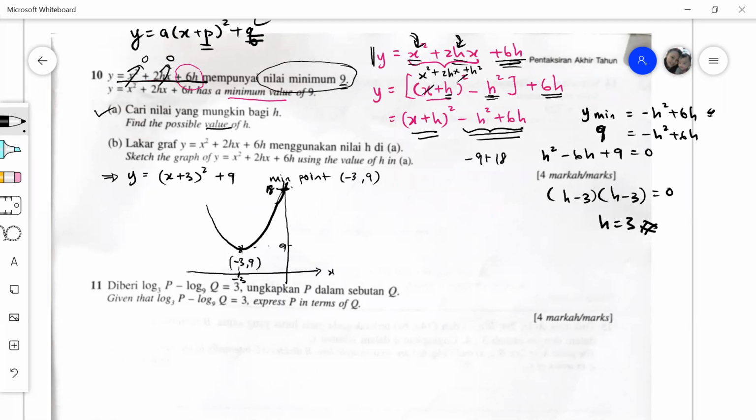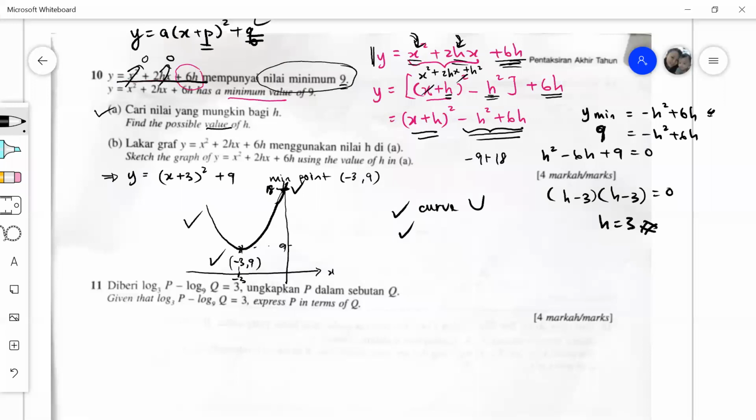So the sketching part, you see 4 marks over here. 1 mark goes to your h value, and 3 marks: 1 mark for your minimum point, 1 mark for your 18, and another mark for the right curve. Okay, the curve correct.